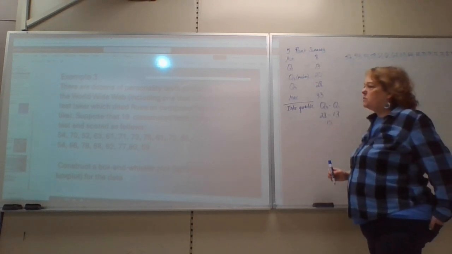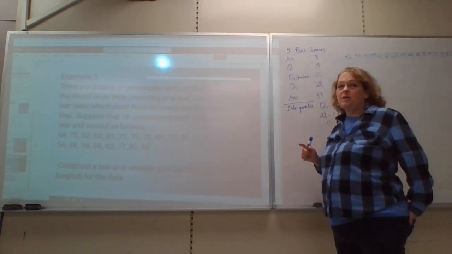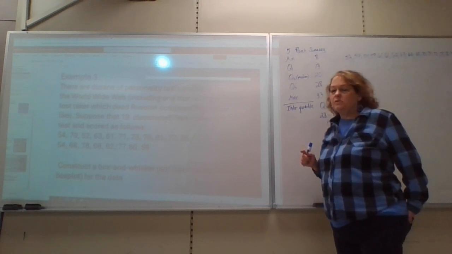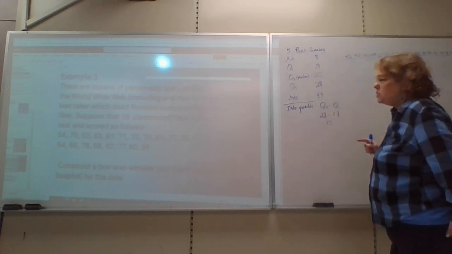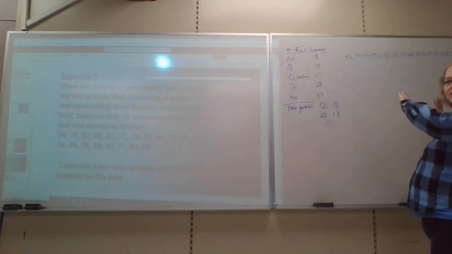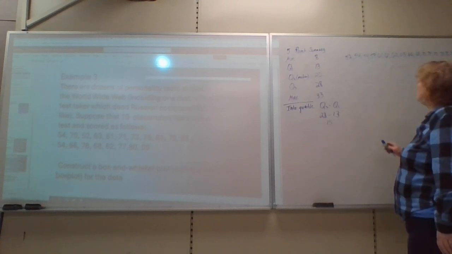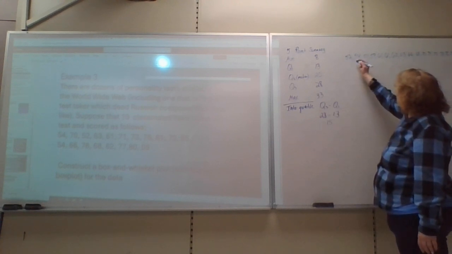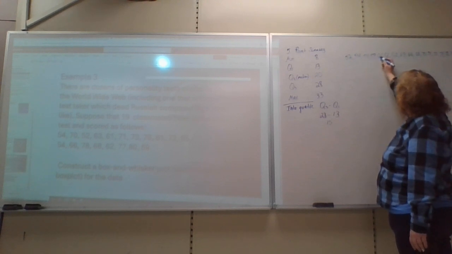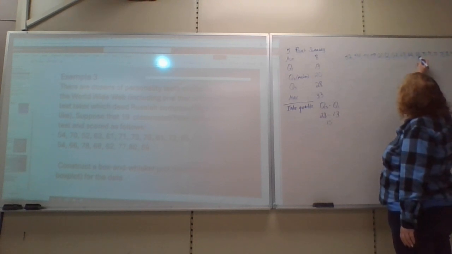Now, with 19, that's an odd number, so we're going to have a middle, right? You should have 9 on each side and one in the middle, so it should be the 10th one. 1, 2, 3, 4, 5, 6, 7, 8, 9, 10.